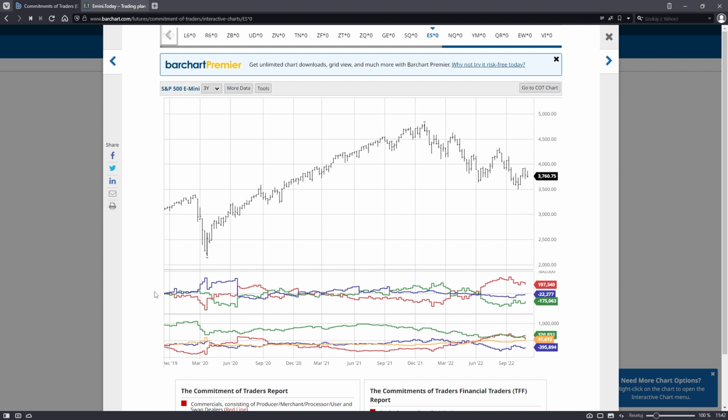But combining some options data, and at the beginning I was also using internals data, so the ticks and ADRs and stuff like this, I came up with an initial model which pretty much was giving me the sort of the COT report, but in real time.